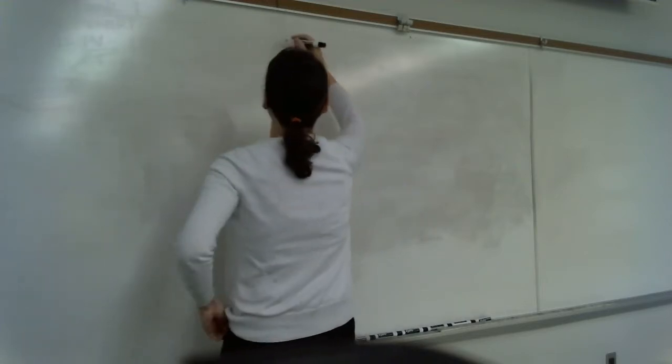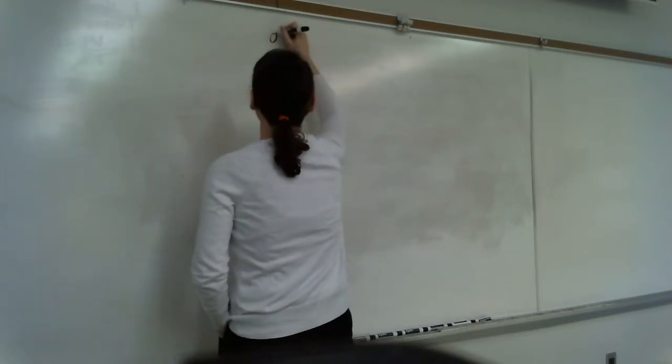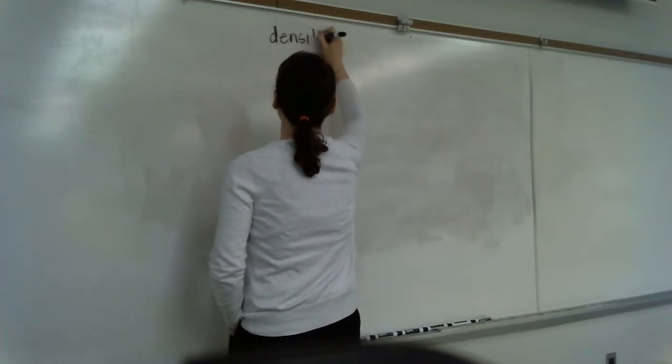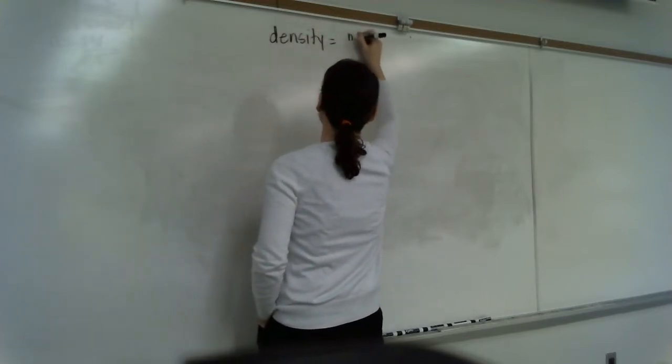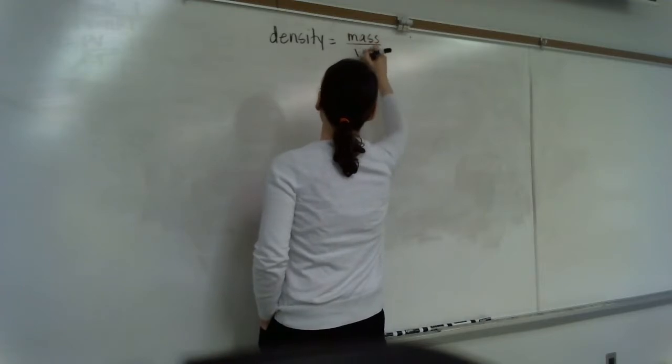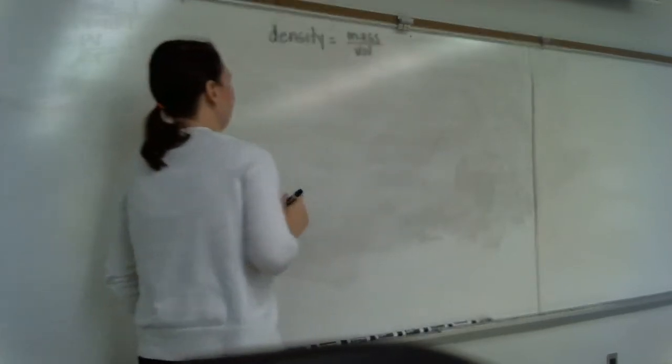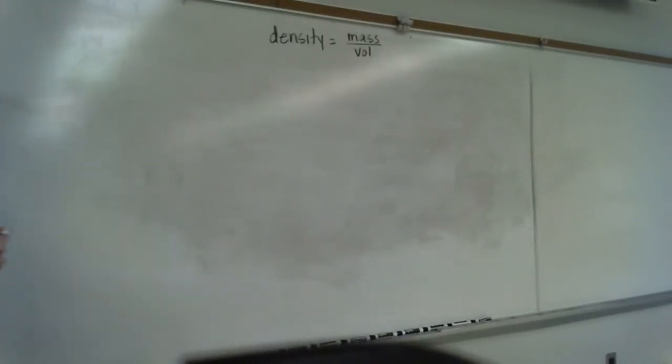So gas density, what is the formula for density? Mass over volume. Right, it's just mass over volume. Is there a way that we could get mass from, say, the ideal gas law, and then plug it in here?